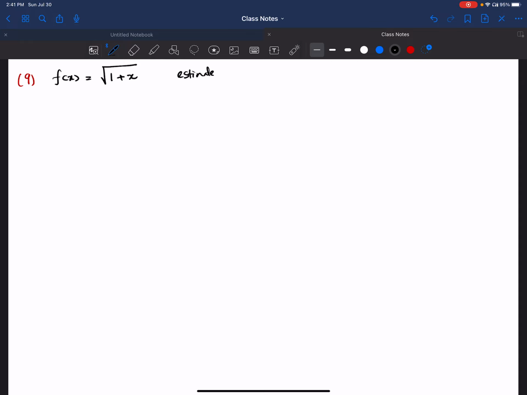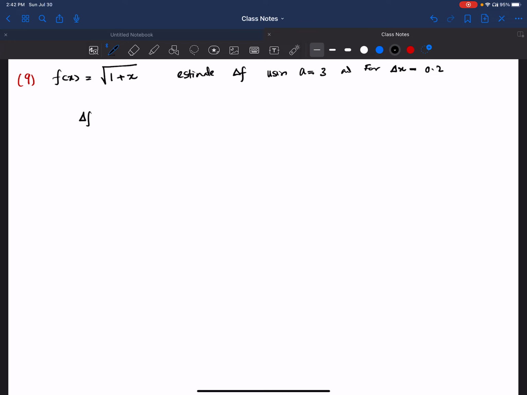Estimate delta f using a equals 3 and delta x equals 0.2.